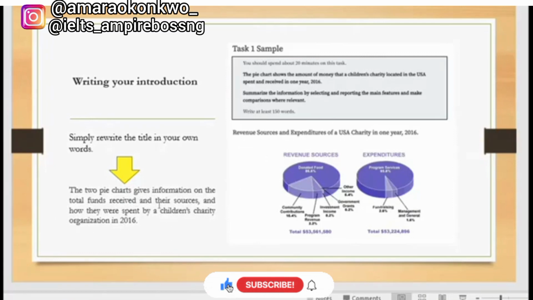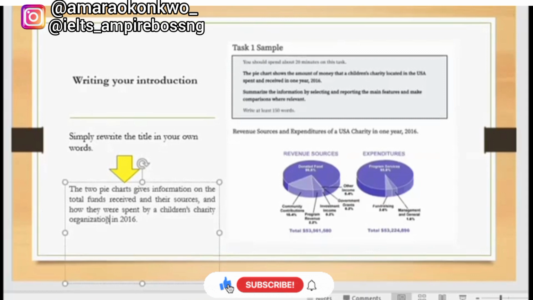So let's add it. Say the two pie charts give information on the total funds received and their sources and how they were spent by the children's charity organization in the USA.